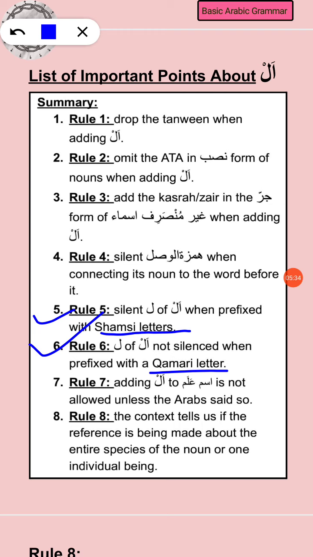For example, ashamsu: we have sha, and that has silenced the lam tarif. Then we have a qamari letter, al qamru. This qaf has not silenced the lam tarif, and therefore it's pronounced al qamru instead of aqamru. That would have been really hard to say.